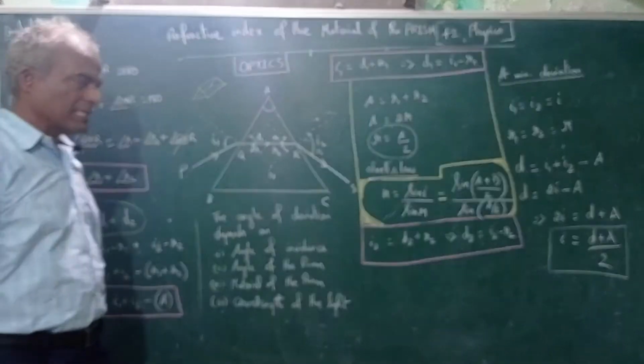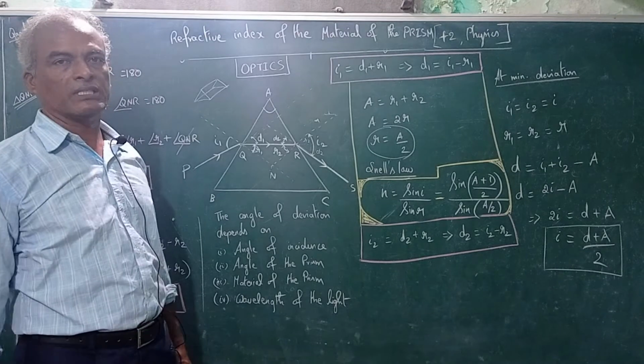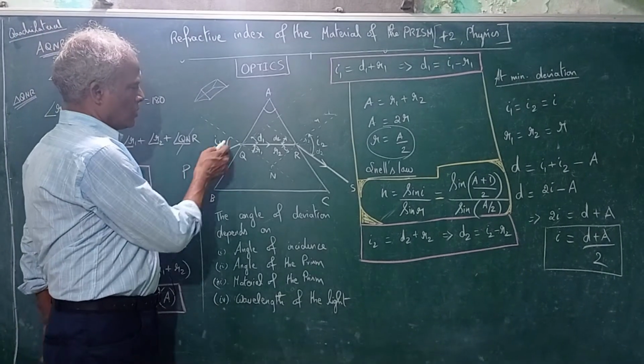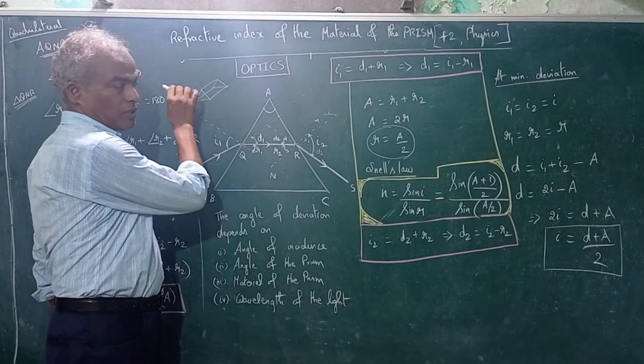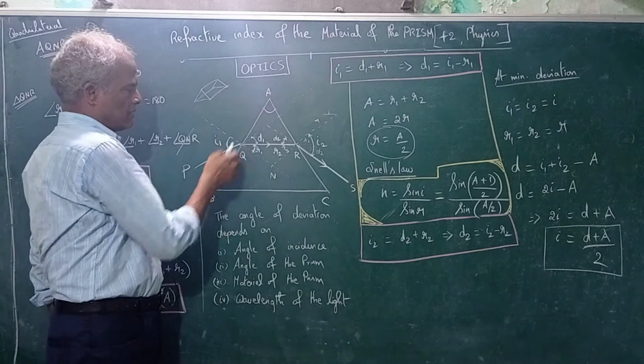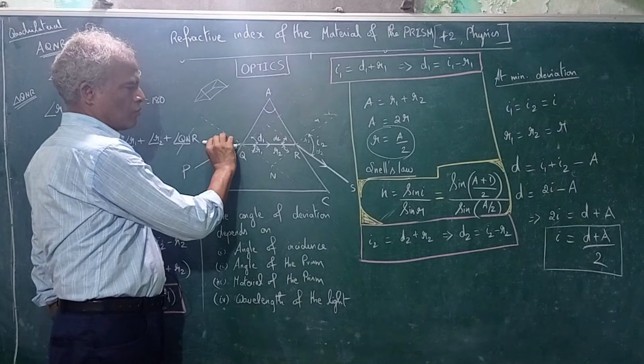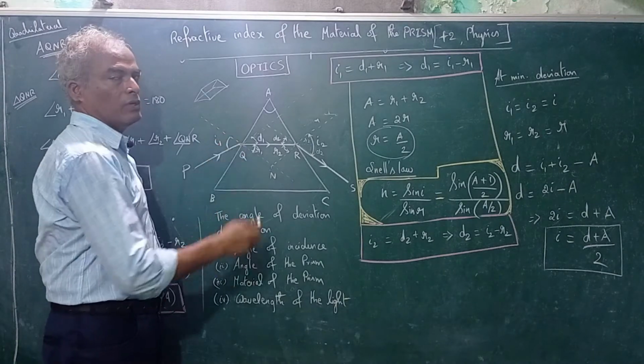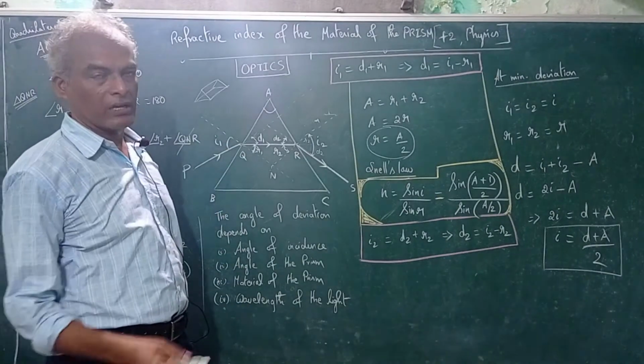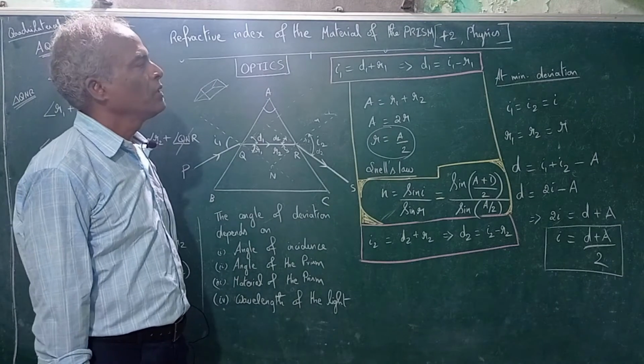Now what happens at minimum deviation? You have some angle with respect to the normal of this face. If you try to bring this down slowly, the angle will reduce and become very small.